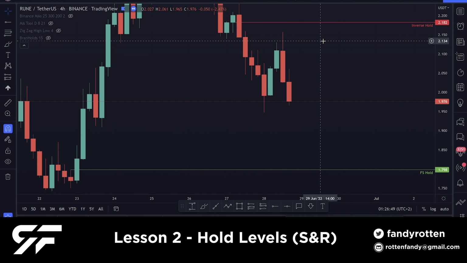So, followed by the opposite color valley. You see I marked the resistance, which is always marked at the bottom of an accumulation candle, and it's followed by two or more. In this case we have a lot more, right? Could be two, could be three, could be up to 10, 20, whatever.